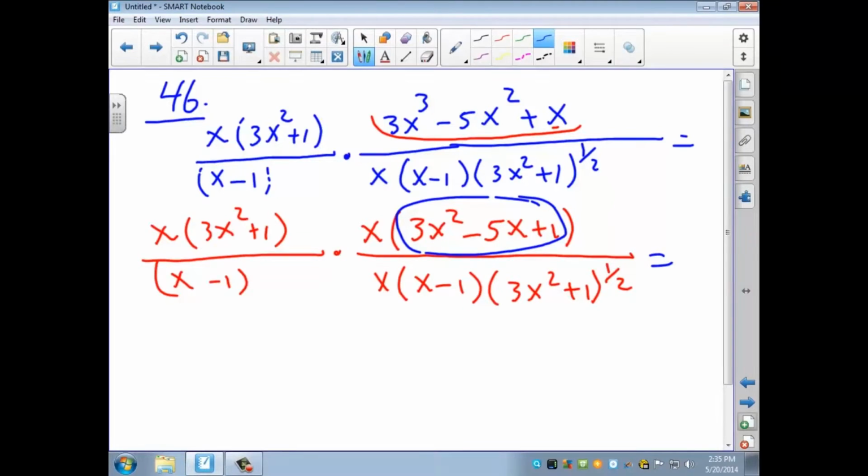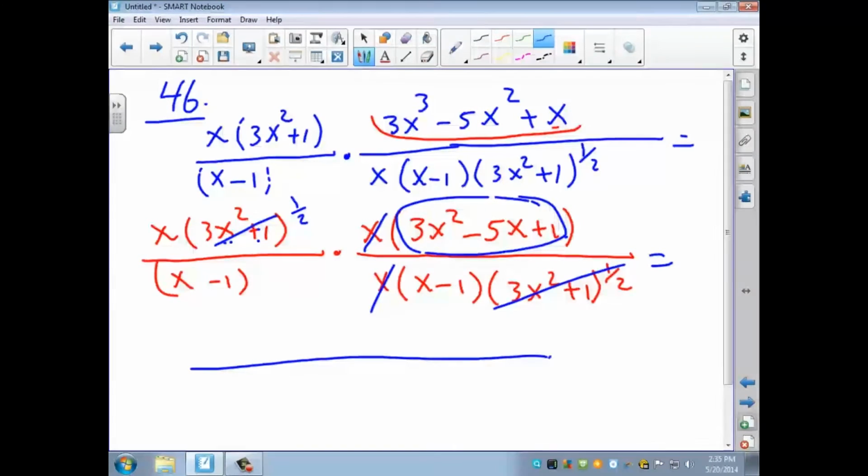However, this x and this x can be cancelled. 3x squared plus 1 here, half of it can be cancelled with this one. So the power here would now be 1/2, not the whole thing. And that stays in the numerator.